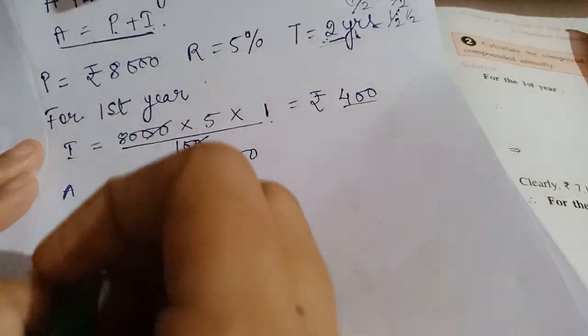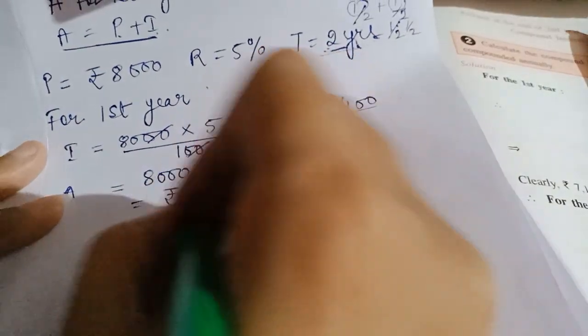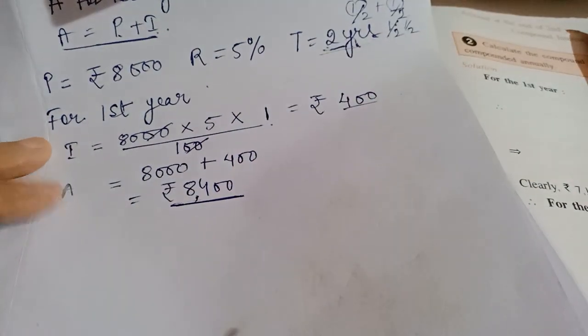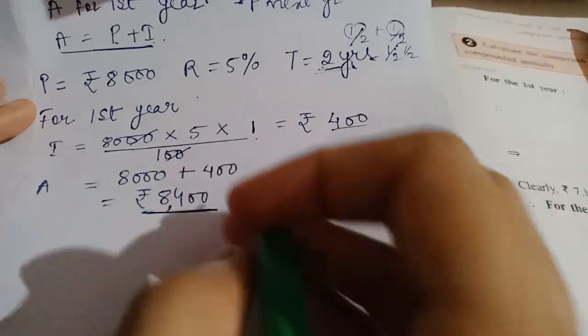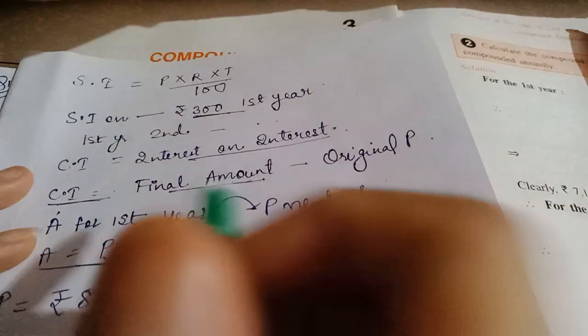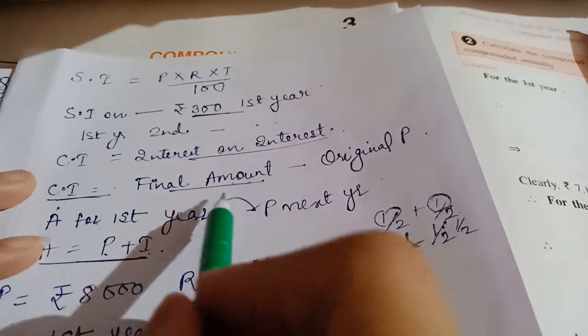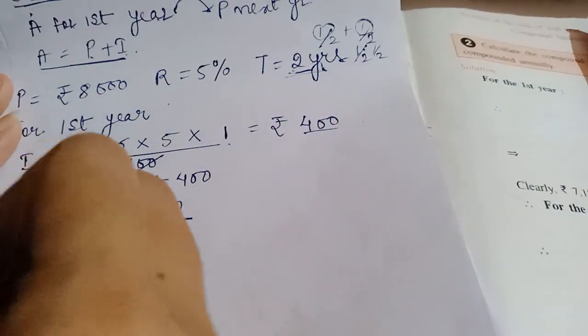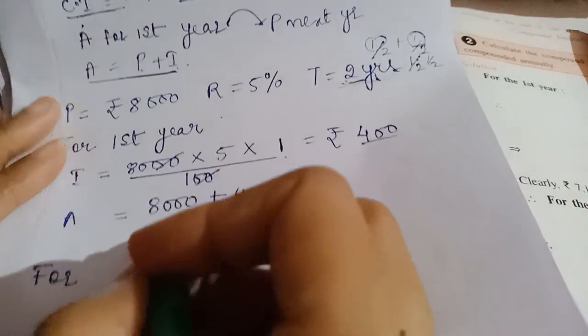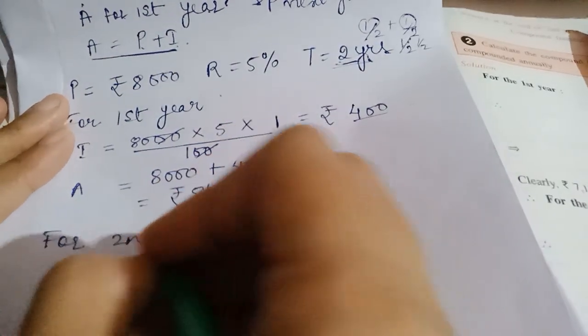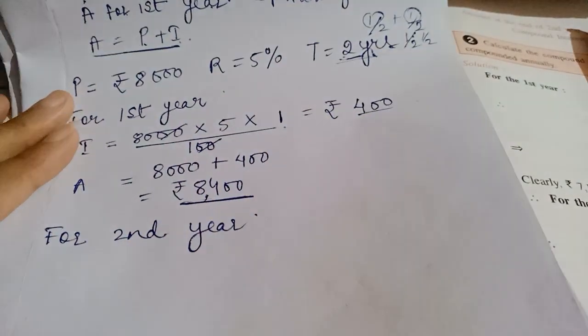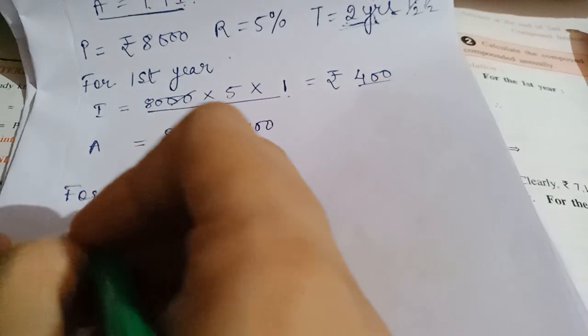Now, one thing which you have to keep in mind in case of compound interest. The amount for the first year becomes the principal for the next year. So now, when we are calculating for the second year, in this case, principal will be what?